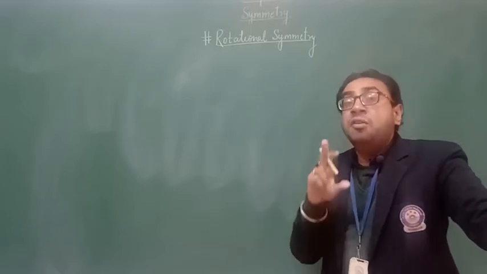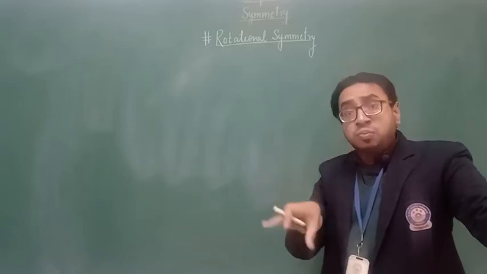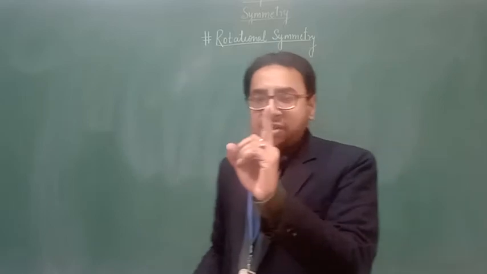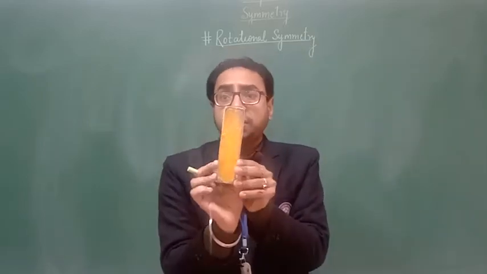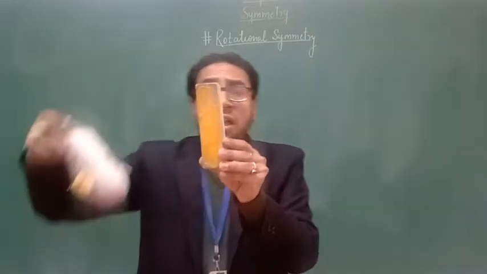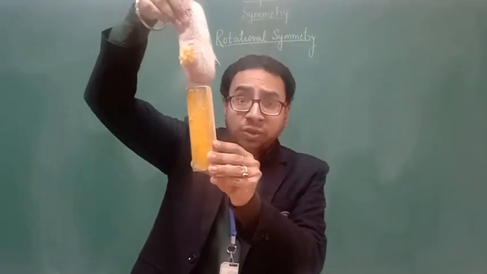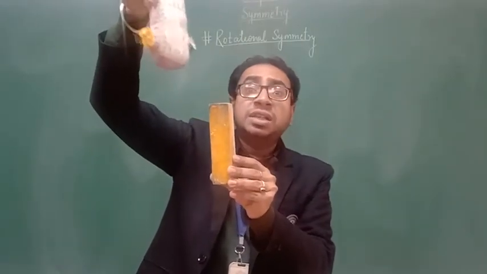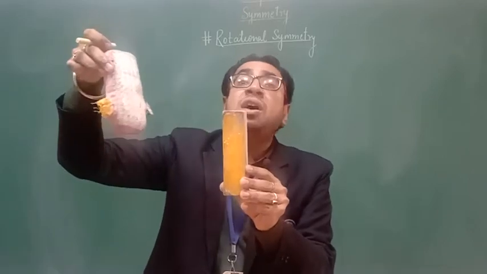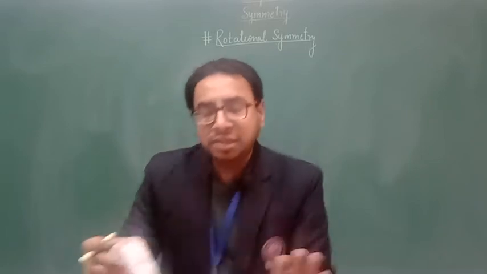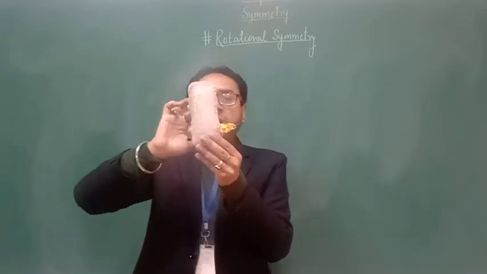Revolution means when you move in a circular path around something else. For example, this is one object, this is another object. If this object revolves around this one, it is called revolution. Rotation is when the object rotates about its own point.